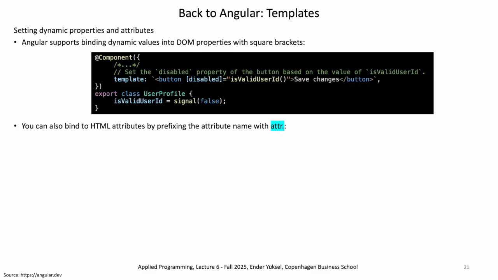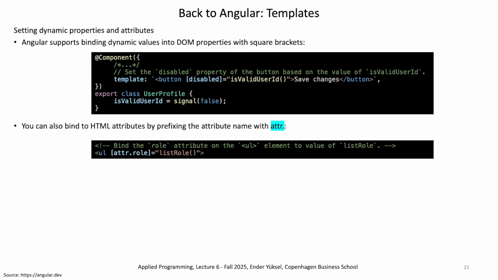You can also bind to HTML attributes by prefixing the attribute name with attr dot. Let's look at this code. First we have an HTML element, that is ul, which stands for unordered list element, typically used for lists of items.